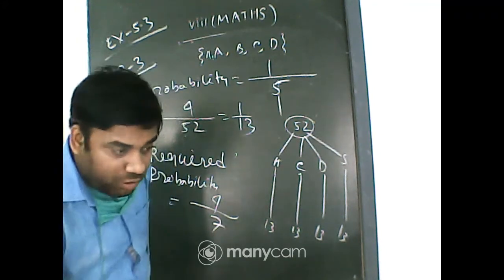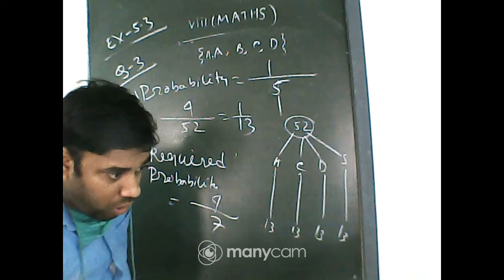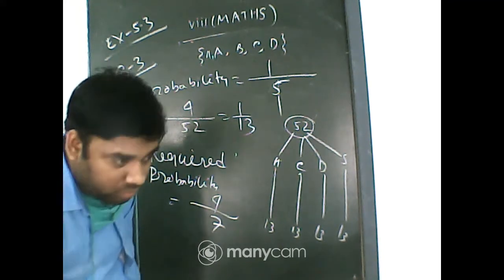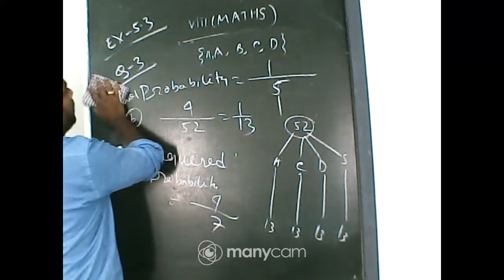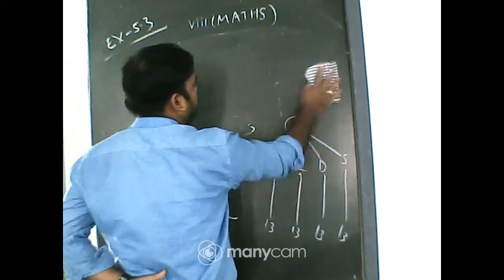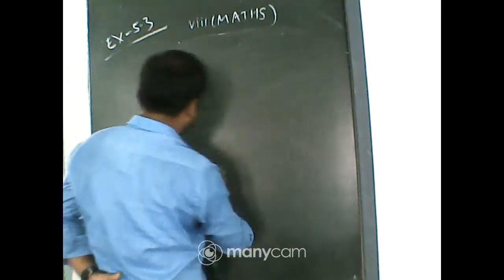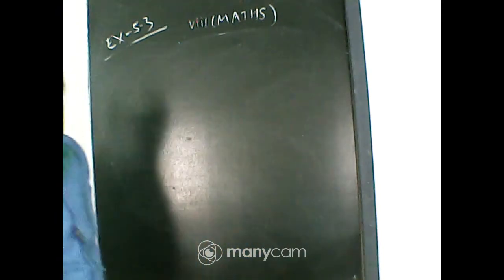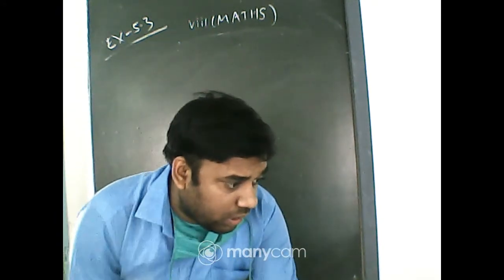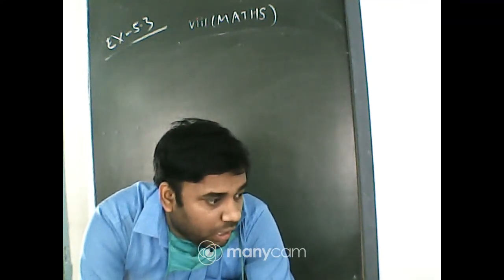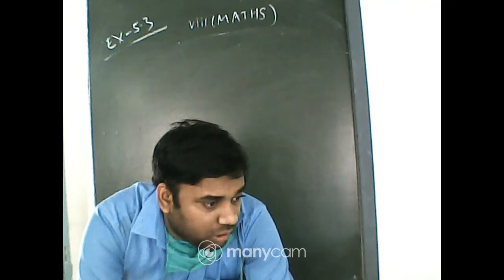Now moving on to the next question, that is question number 4. Numbers 1 to 10 are written on 10 separate slips kept in a box and mixed well.